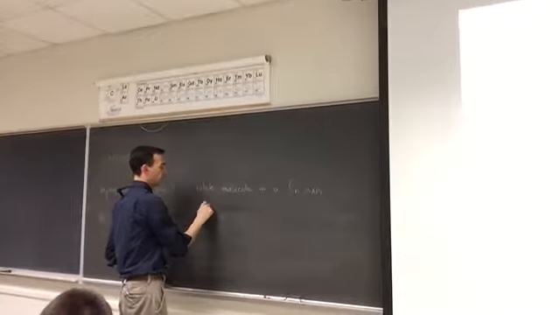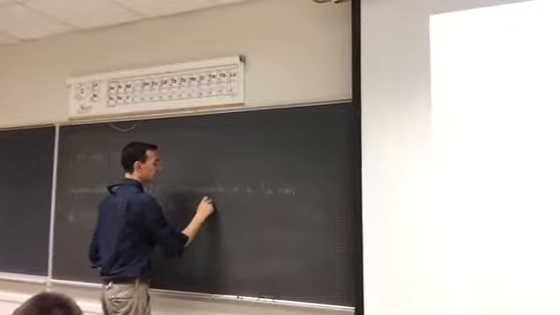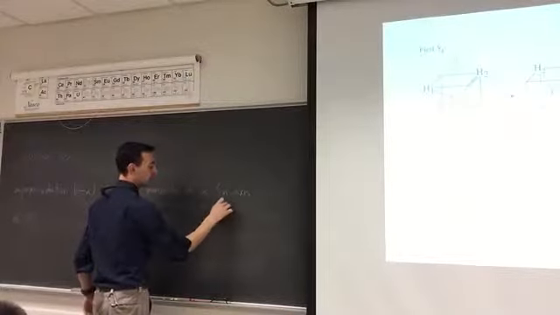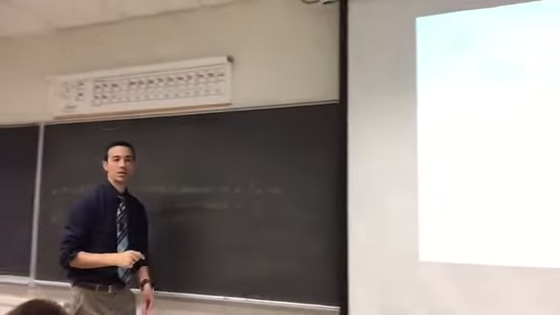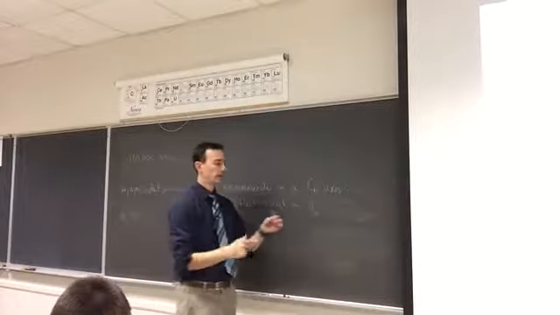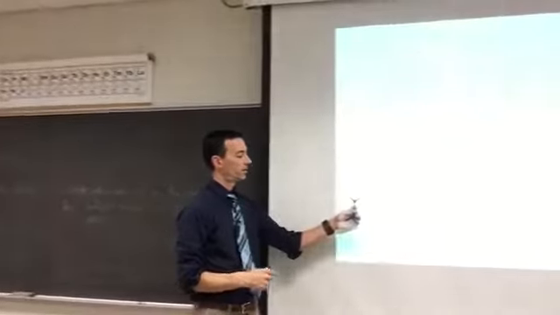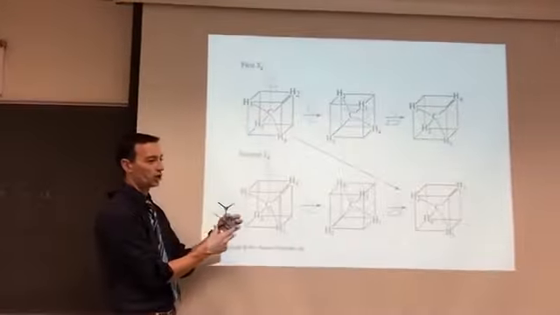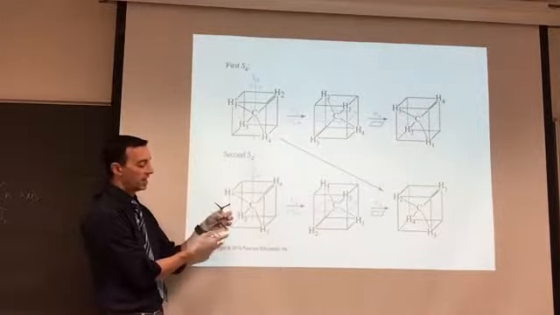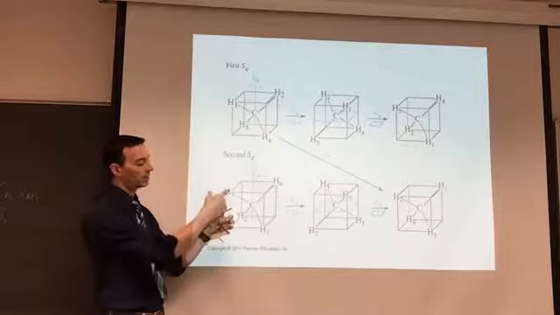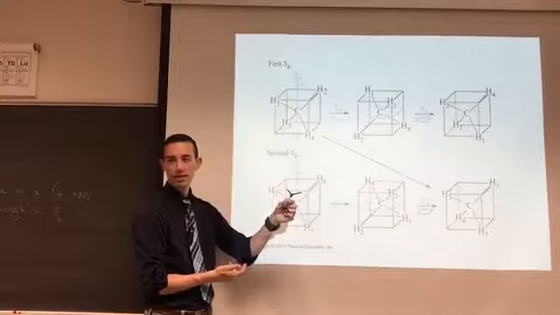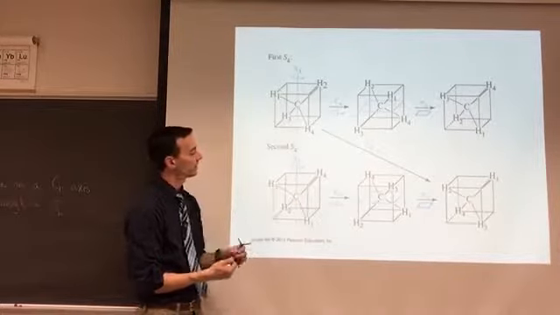Then you reflect through a sigma h, a perpendicular plane. So if you thought it had an S2, you would rotate it 180 degrees, and then you would reflect the bottom to the top. This would be an S2. Okay? So that's how that would work.